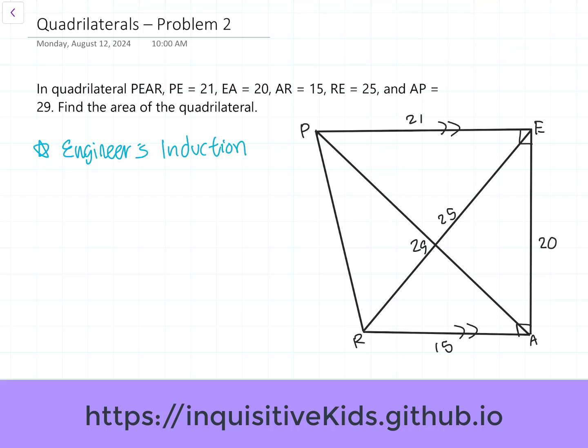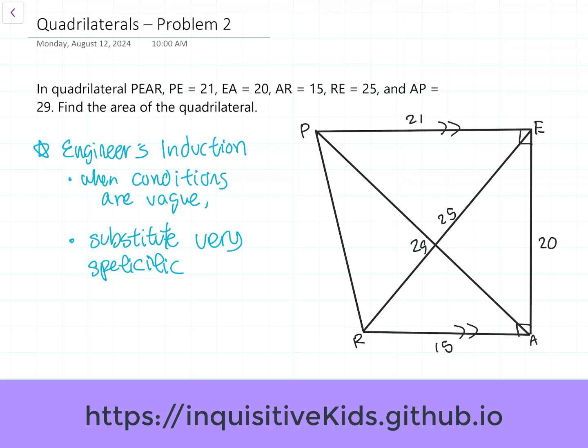So it's basically saying when conditions are very few or vague, we can substitute in and think about it in terms of a very specific or extreme scenario.